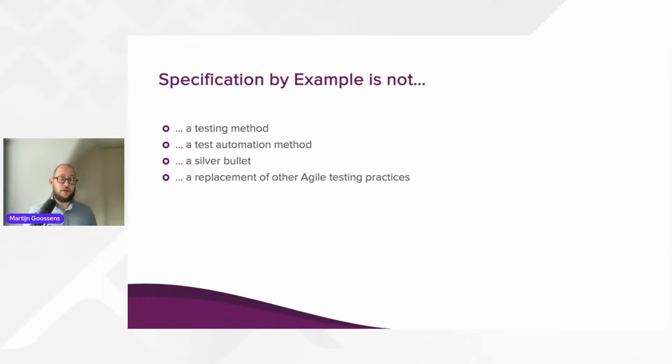So it's not a silver bullet and definitely not a replacement of other agile testing practices. I'll come back later to that big agile Scrum loop and show you where this sits and help you also implement this in your process. But that's for later on when we actually understand what specification by example does and how it works.